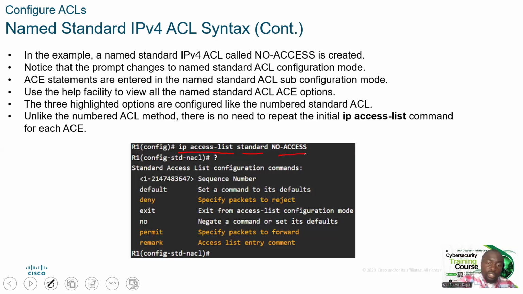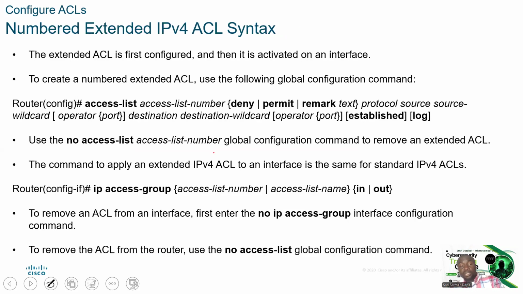All you need to do is type a question mark. If you type ip access-list and you don't know what the next command is, just type a question mark. It will give you a list of options that you could use.